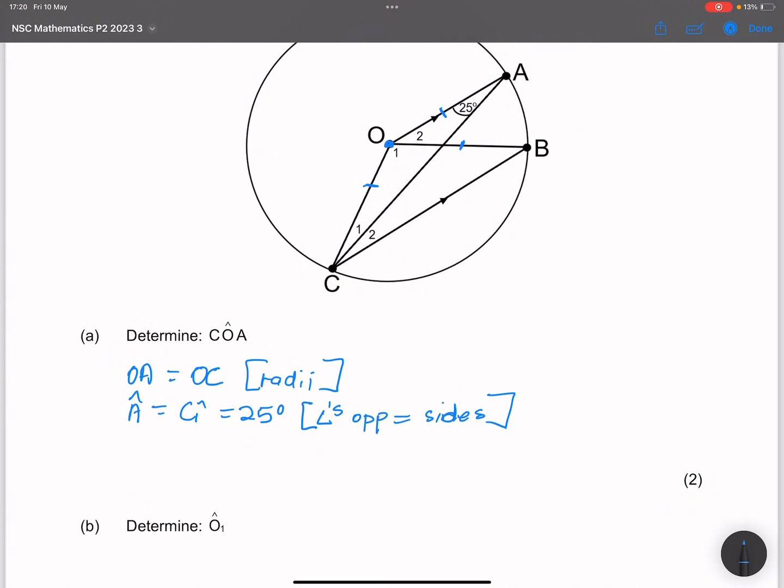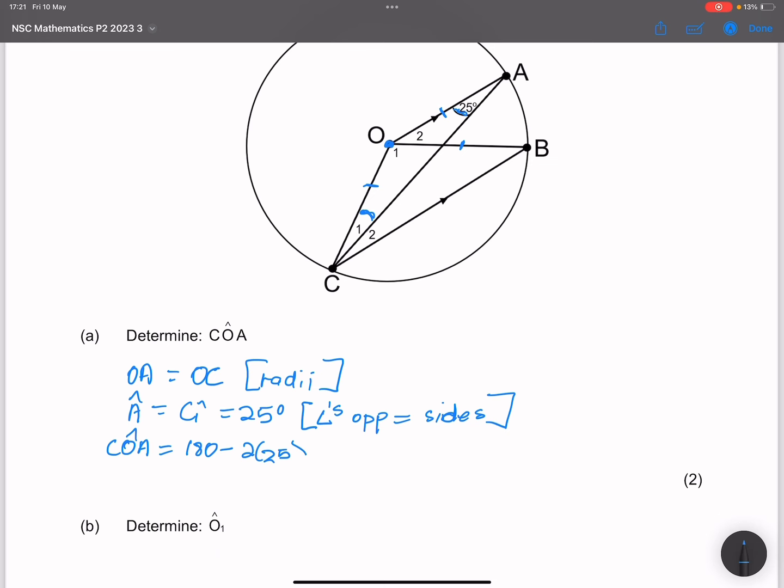And so what that means, if I go to triangle OAC, is that angle COA would be equal to 180 minus those two angles being 25 degrees, right? So that's 180 minus 2 times 25, okay?